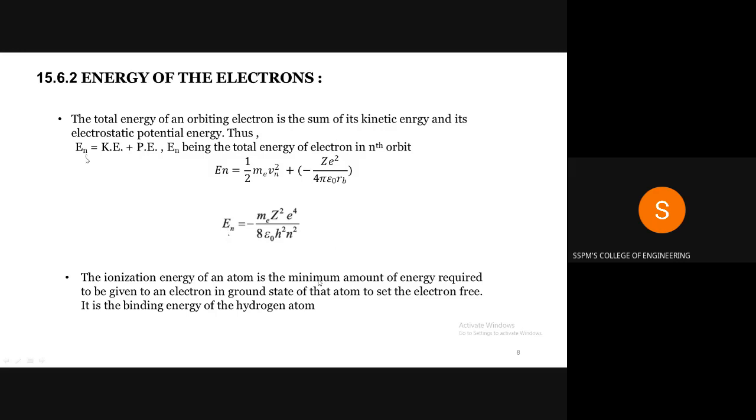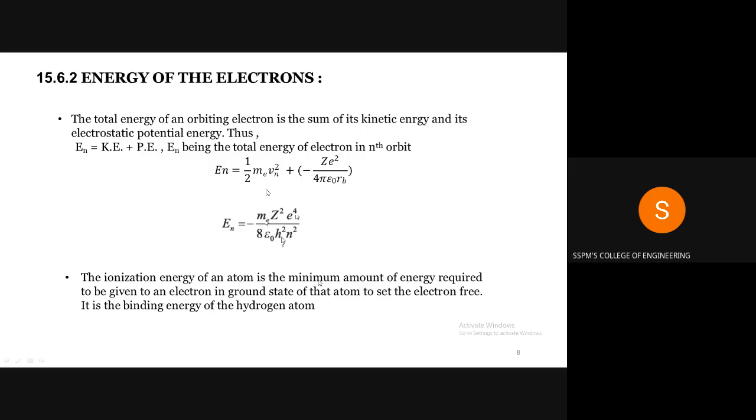So what we get is Z square e raised to 4 into mass of electron upon 8 h square n square epsilon 0, that is, m Z square e raised to 4 upon 8 epsilon 0 n square h square.